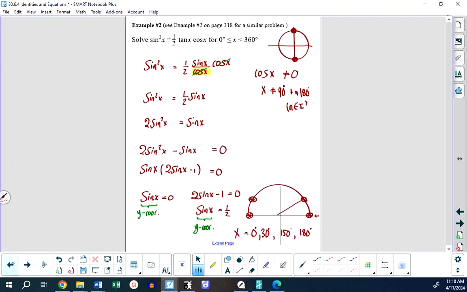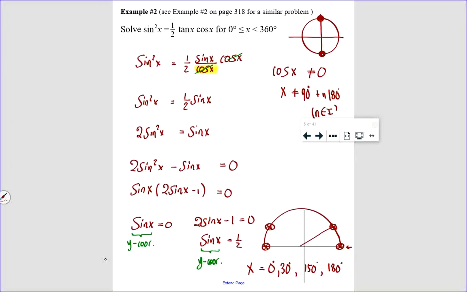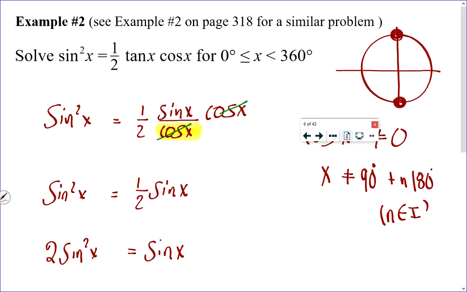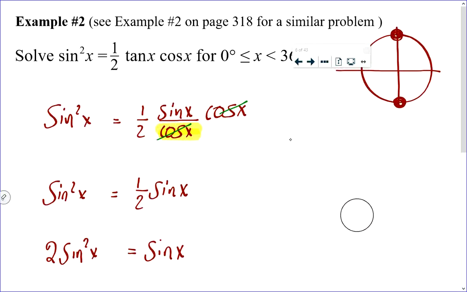I do want to go back to example number 2, because there is something that I wanted to talk about here. And I had mentioned that there is a mistake that students will make here, and it's a fatal mistake, and you cannot do it. Well, you can do it if you want, but it will be wrong.